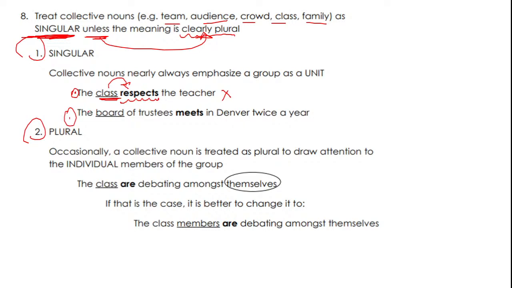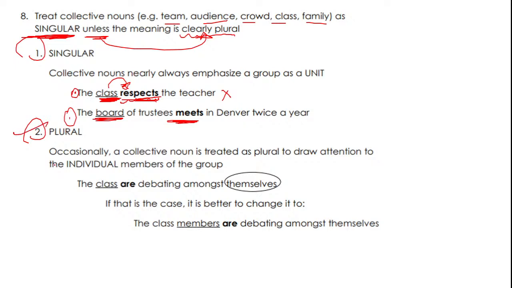So the class, which is a collective noun, has to be treated as singular, hence respects आया है. The board of trustees meets in Denver twice a year. Again the board, which is a collective noun, is treated as a singular. So यहाँ पे meets लिखा है.